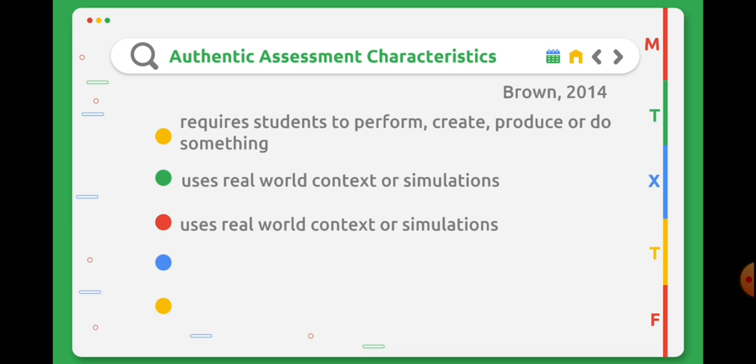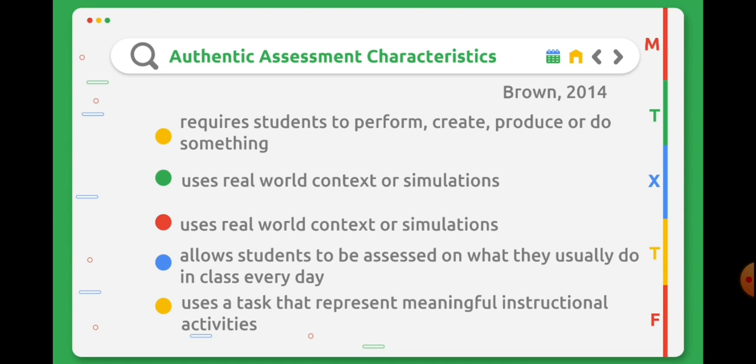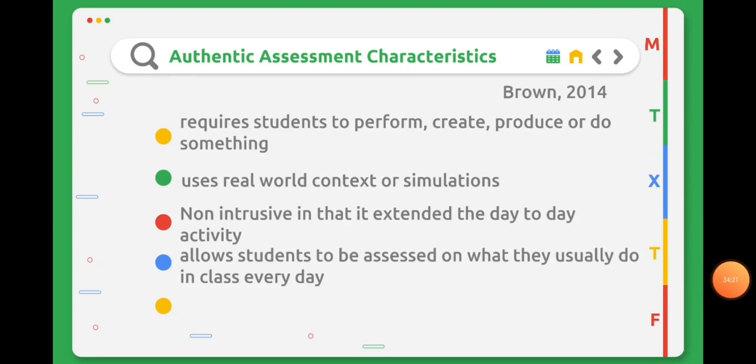The third one is non-intrusive in that it extends the day-to-day activity. And the fourth one allows students to be assessed on what they usually do in class every day.